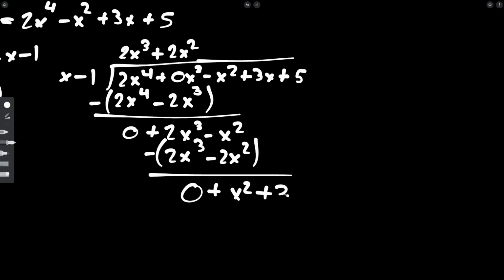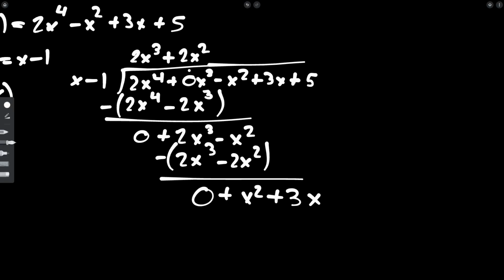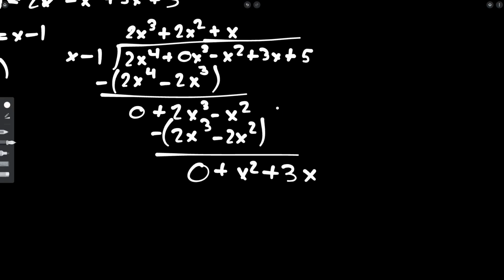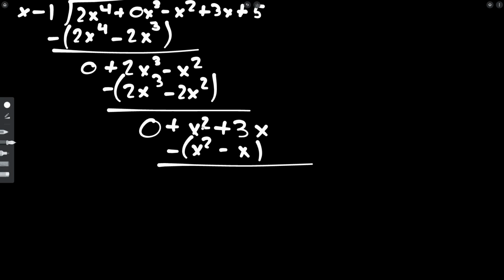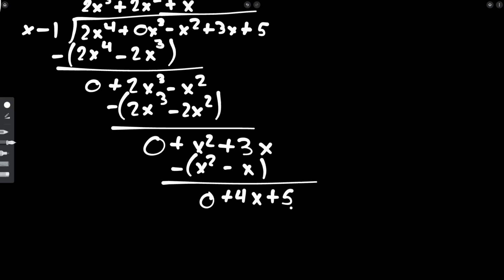We bring down that positive 3x. To get x to equal x squared, we multiply by just x. That gives us x squared minus x. X squared minus x squared is 0. 3x plus, remember minus minus, equals positive 4x. Then we do plus 5.